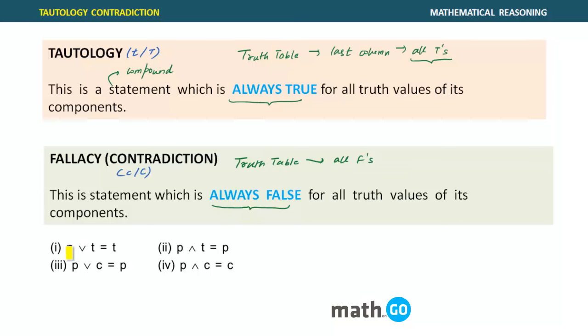And we have to understand their formulas also. For example, P or T will give you what? Again tautology. So P or tautology is tautology. P intersection, or P and tautology, will give you again P only, right? P or C will be nothing but P, but P intersection C, that is P intersection contradiction, will give you contradiction again.